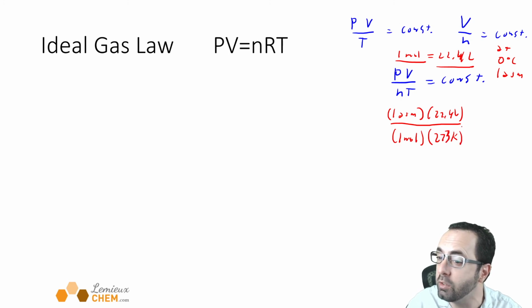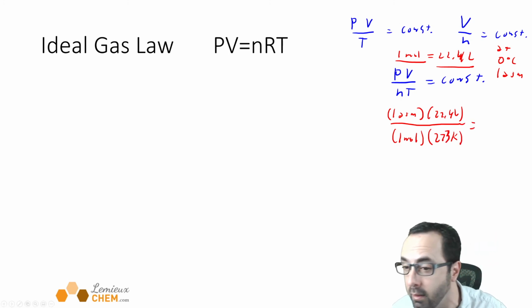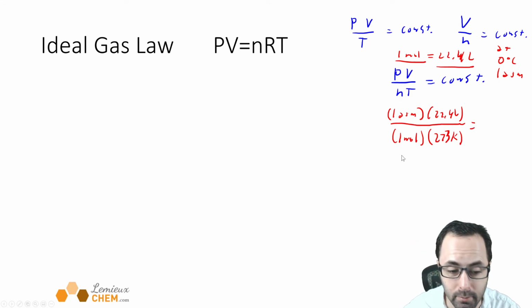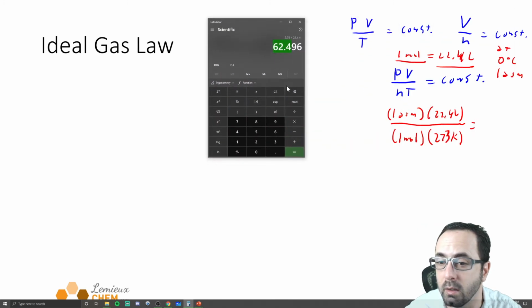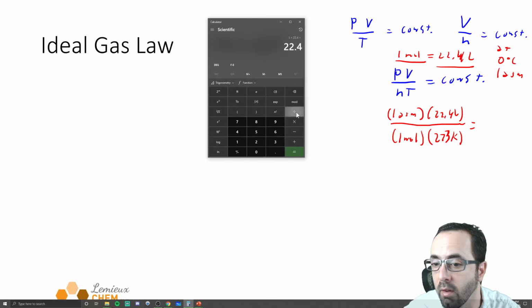And now the big question is, what is that constant? Well, we can calculate it. If we plug in these numbers, the constant would be 1 times 22.4 divided by 1, and then divided by 273.